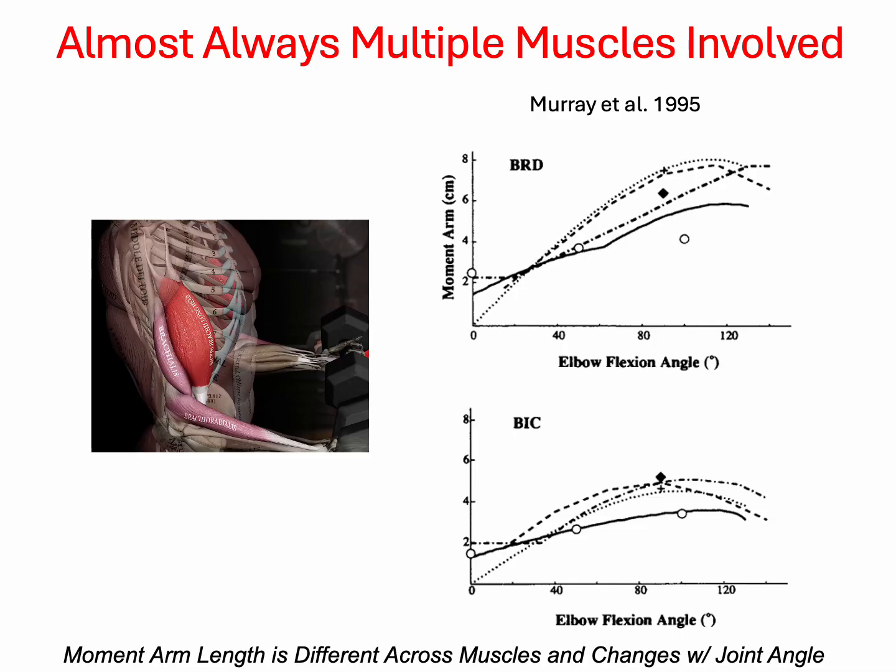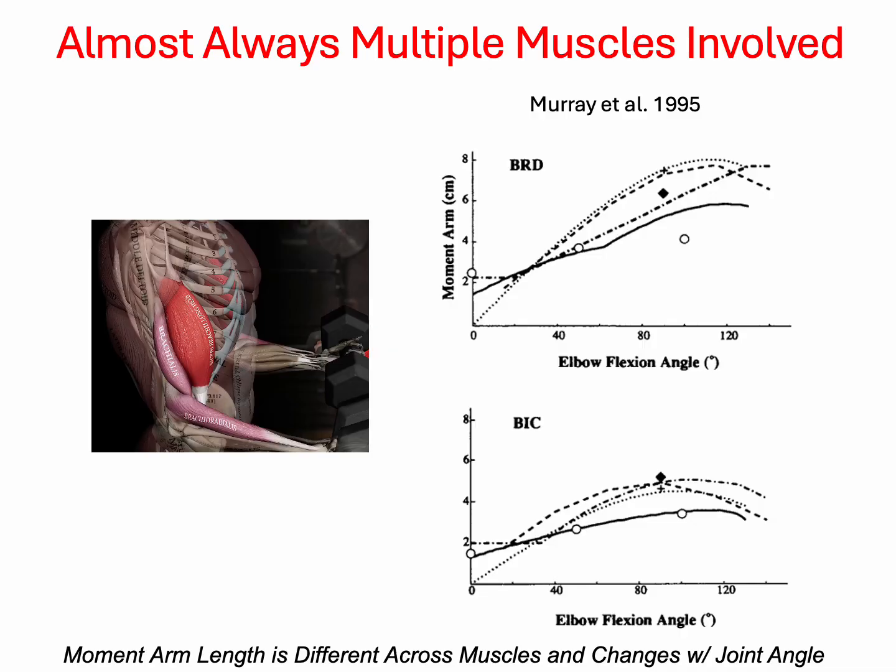You can see, again, in both cases, as you change the elbow angle, it changes the moment arm. Not only that, at a given angle, let's take an elbow flexion angle of 80 degrees, we see a biceps brachii moment arm of around 4 centimeters, whereas the brachioradialis moment arm is around 6 centimeters, indicating that these two muscles and others as well have different torque producing capabilities.